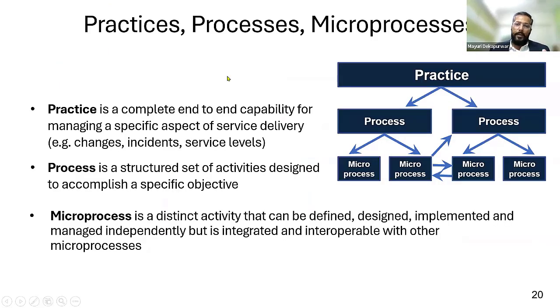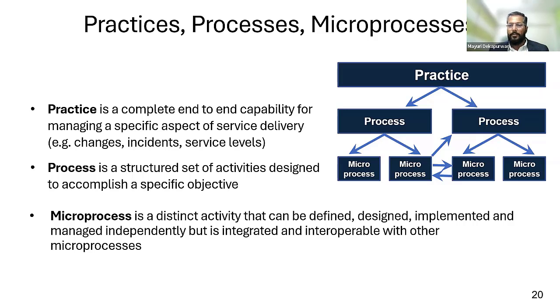Now team, sometime back I told you the structure. So it should be about the Agile, I would say, microprocess architecture. So when we have a practice, like incident management as a practice, there can be a process. One of the processes could be, let's say, you're trying to detect the incidents and you're going to log the incidents, detection and logging of the incidents.